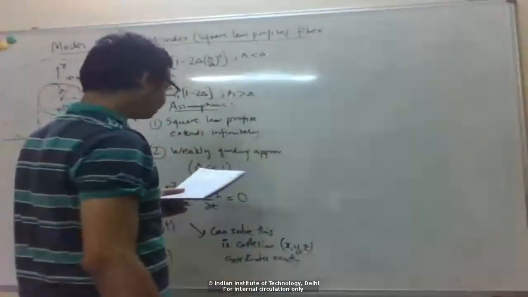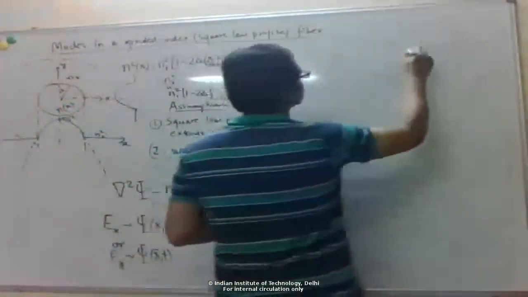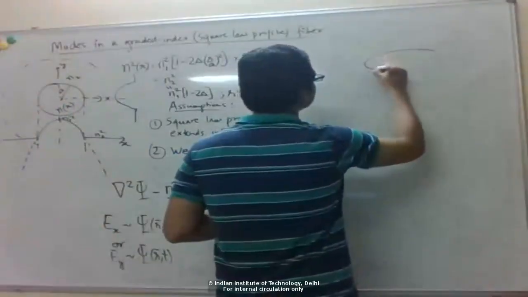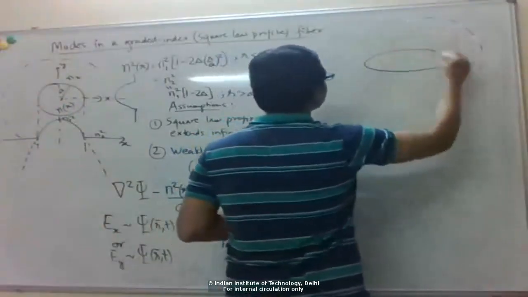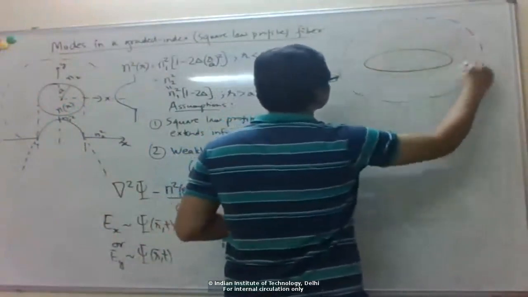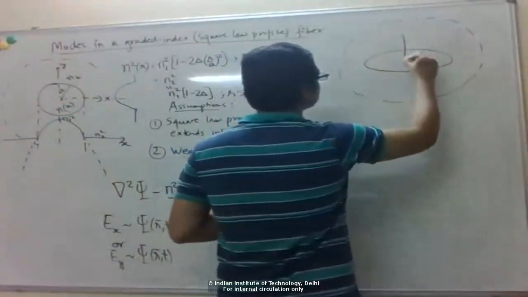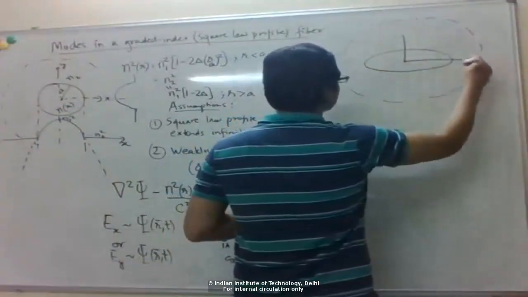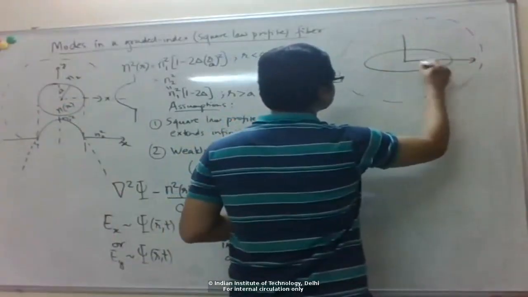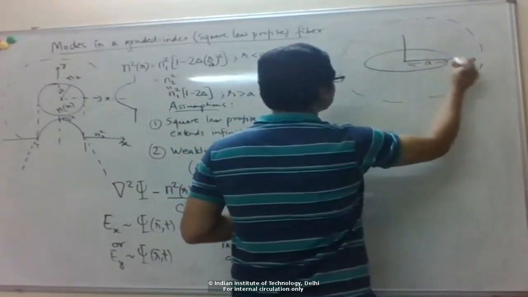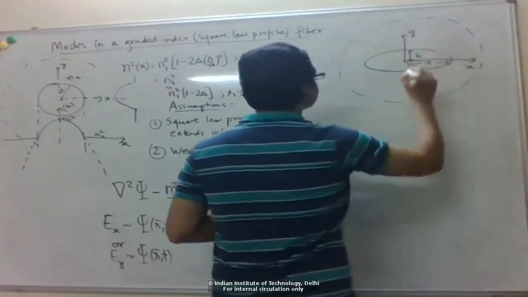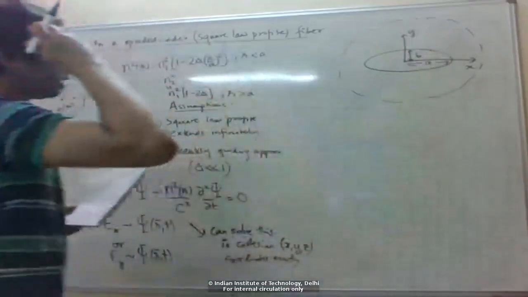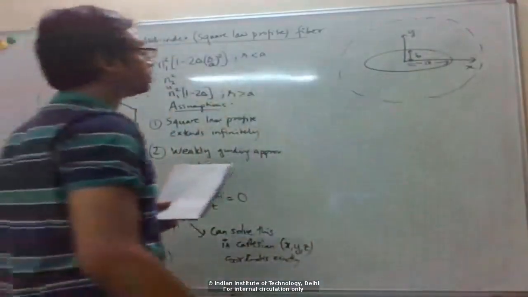So, for example, let's say you have an elliptical core, instead of a circular core. So along the x-axis, the core size is A, while along the y-axis, the core size is B. So it has an elliptical core.